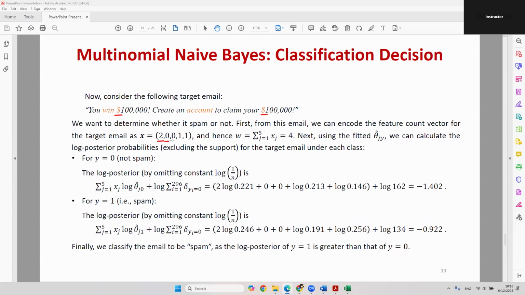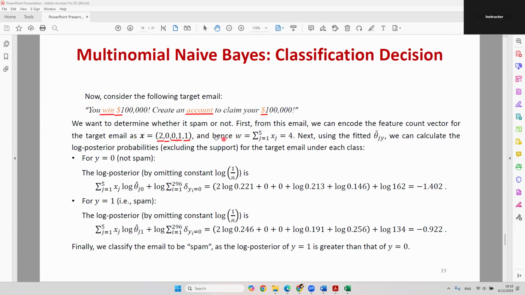It doesn't show link, so link is 0. Next is account; I have an account here, so account is 1. The final one is win. Win is here, so win is 1. Hence we have encoded this email into the training vector 2, 0, 0, 1, 1.